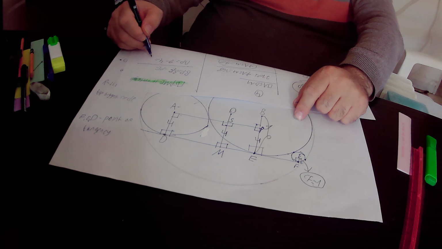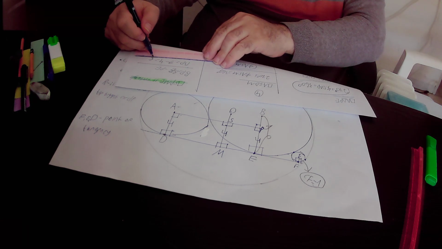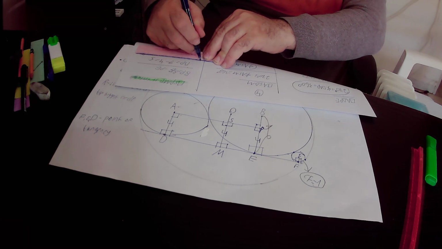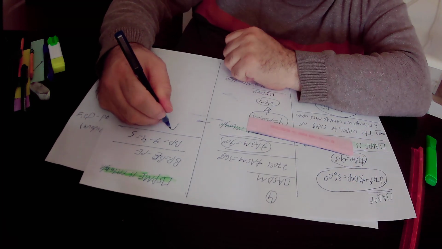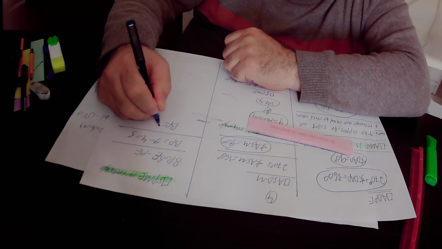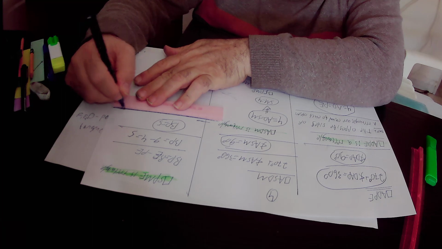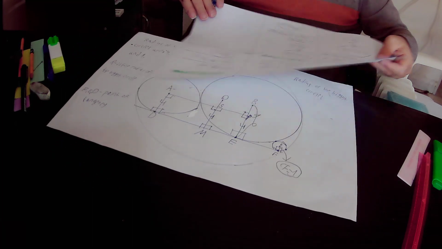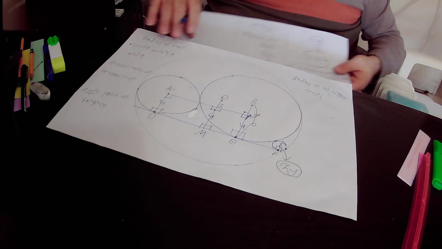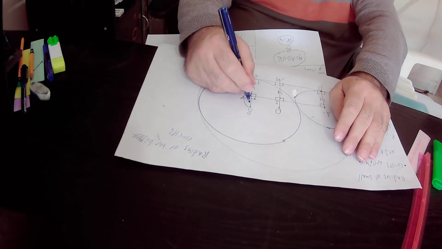So in conclusion, we found out that BP equals 9 minus 4. 9 minus 4 is 5. So we can write down that BP equals 5 units.